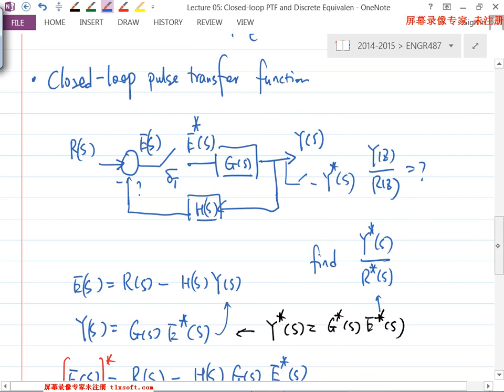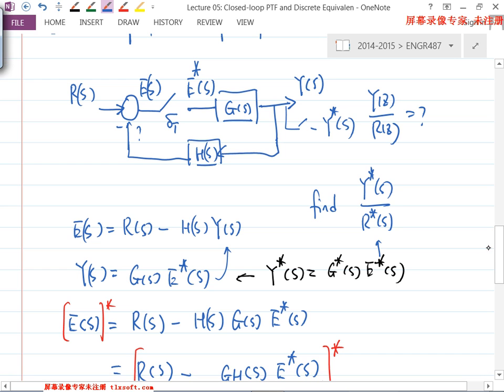Second of all, the other fact that you also should know is that the closed loop pulse transfer function doesn't necessarily exist for all cases. Doesn't exist means you couldn't find an explicit expression for this ratio. You see what I'm saying, right?